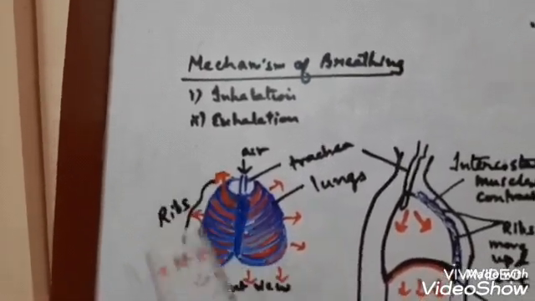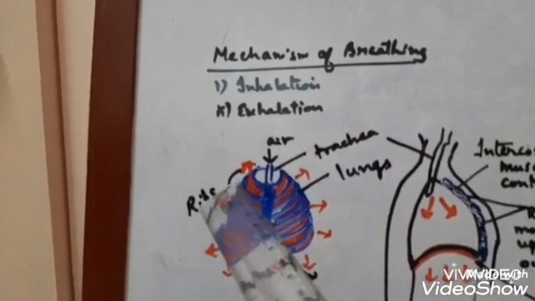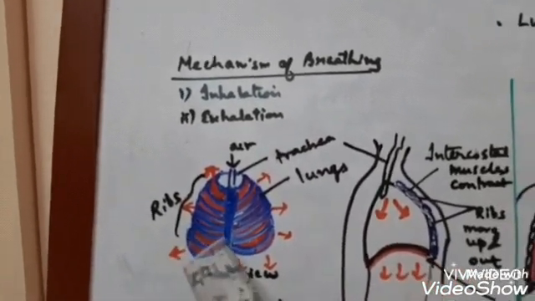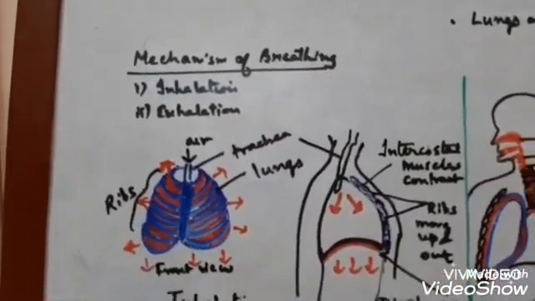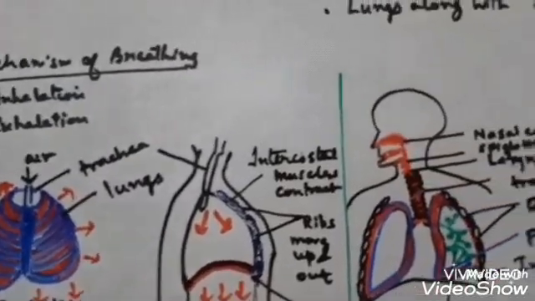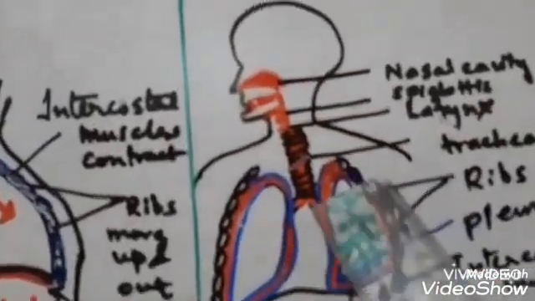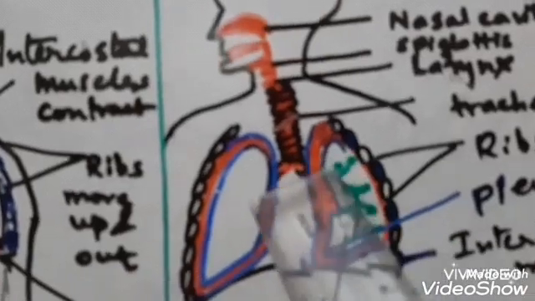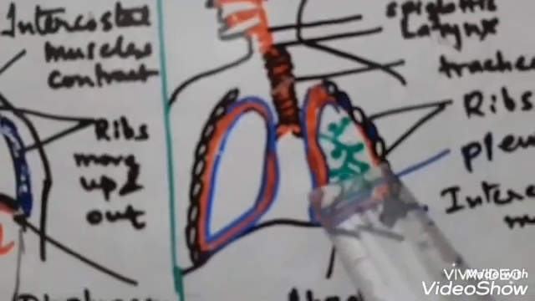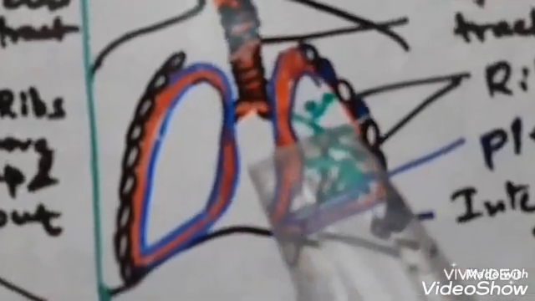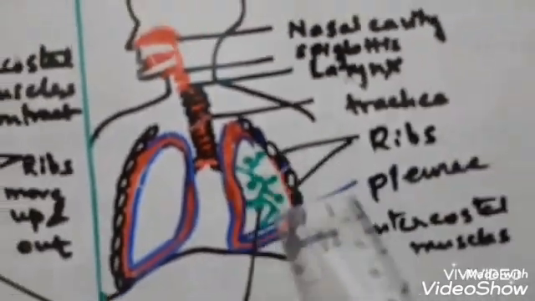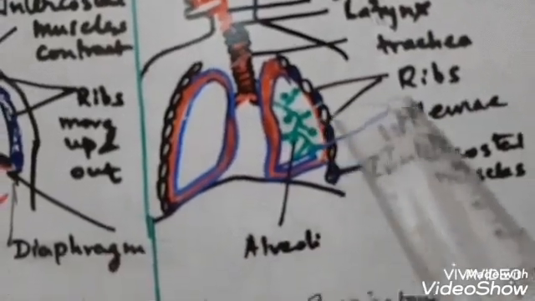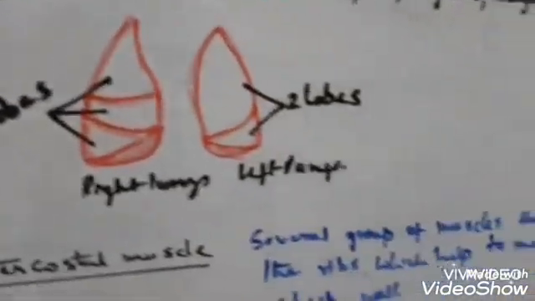These groups of muscles are called intercostal muscle, which help the movement of the chest wall during breathing. You see the part filled with the blue pen is the intercostal muscle, and the blank ones are the ribs. Clear? So the intercostal muscle lies between the ribs and helps the movement of the chest wall.